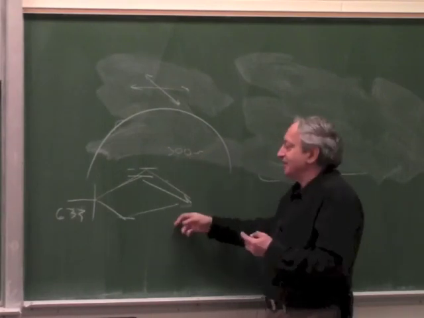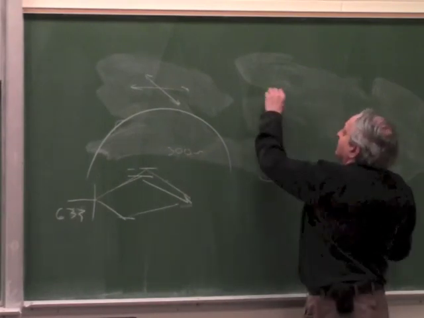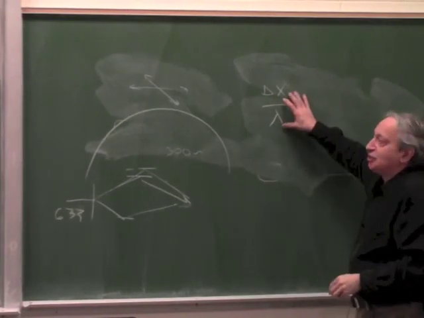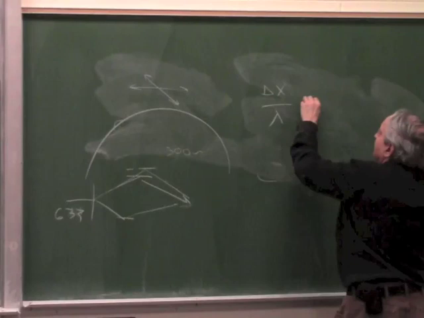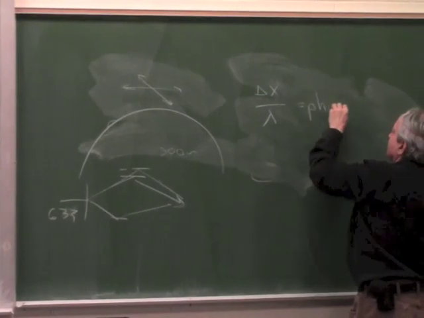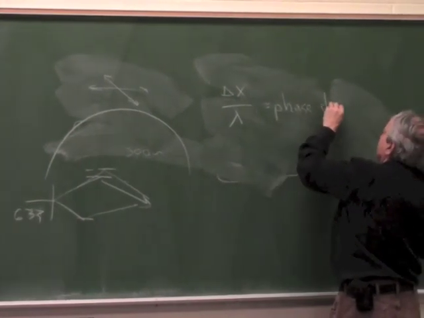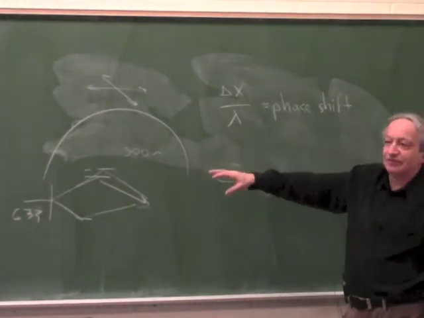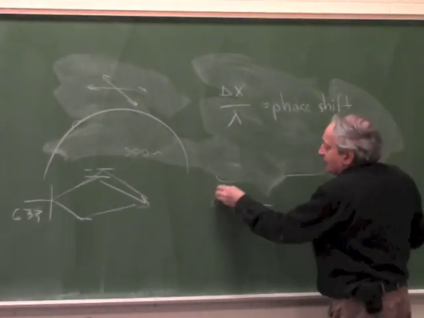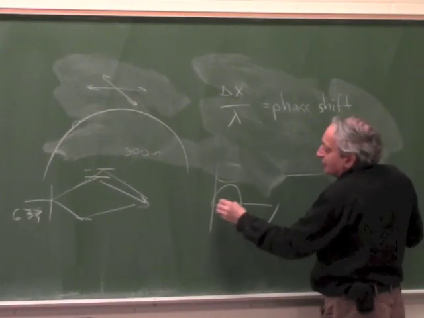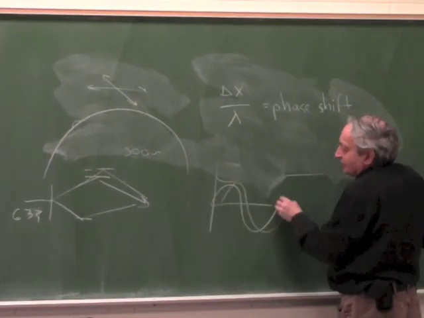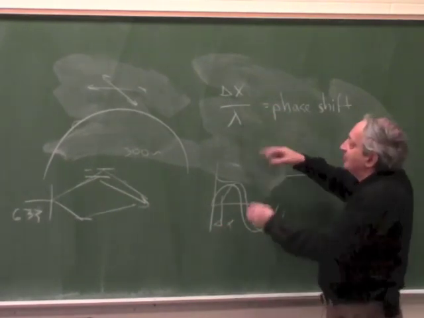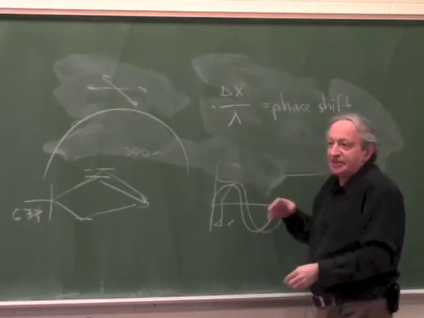So what matters here is actually delta x divided by lambda, and this tells me the phase shift. This equals the phase shift, and the phase shift determines if I'll get constructive or destructive interference. Because when you have a sine wave and you move it by delta x, the phase shift is delta x over lambda, times, of course, 360 degrees.